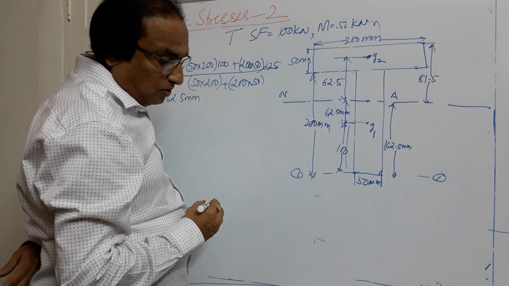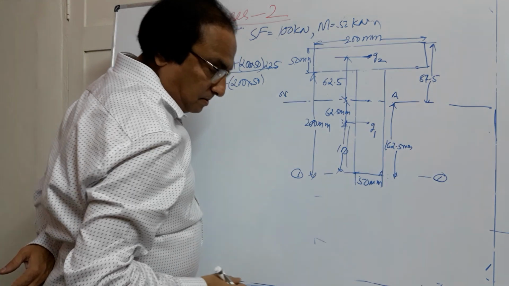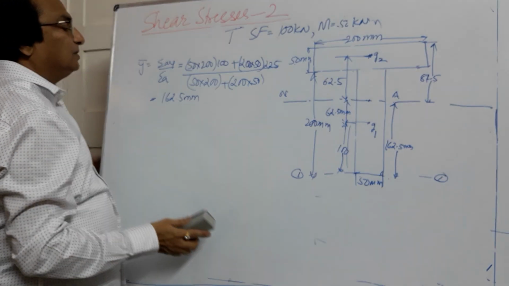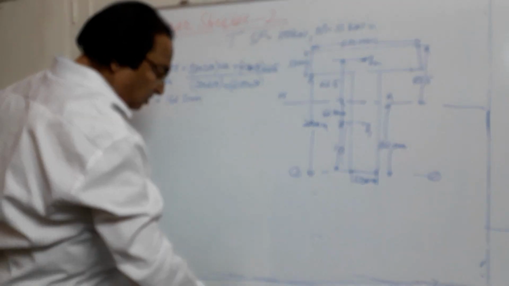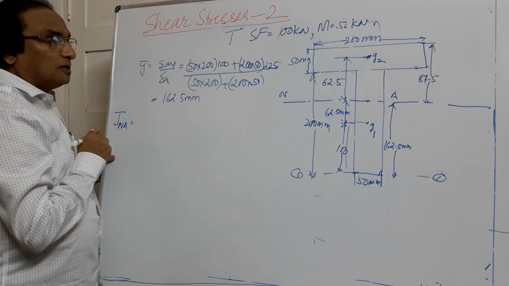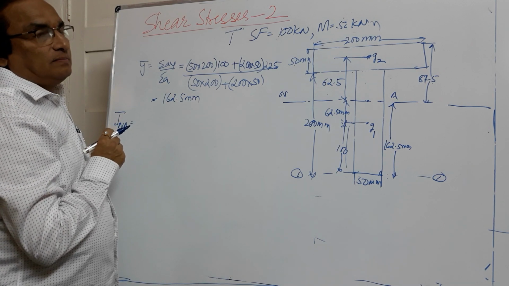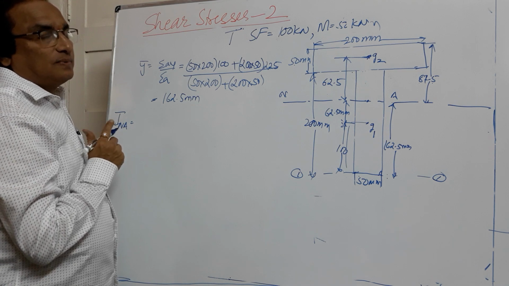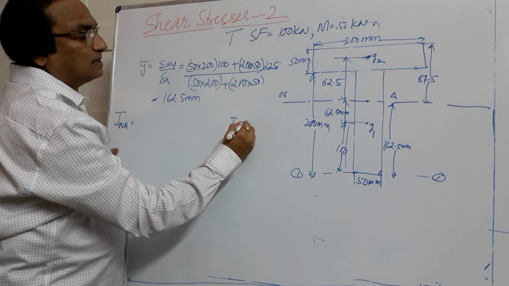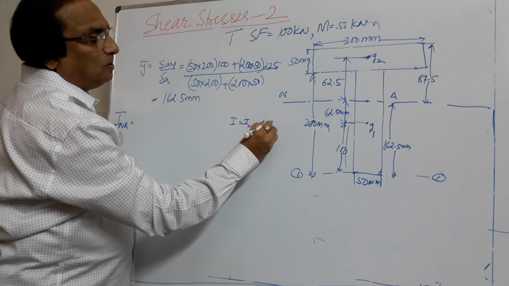Now we will go for drawing the bending stress diagram and the shear stress diagram. So first you find out the moment of inertia about the neutral axis. So this will be equal to, we are using the relation parallel axis theorem, I11 is equal to Ixx plus A y bar square. So we know moment of inertia about any axis is equal to moment of inertia about its own axis plus A into y bar square.